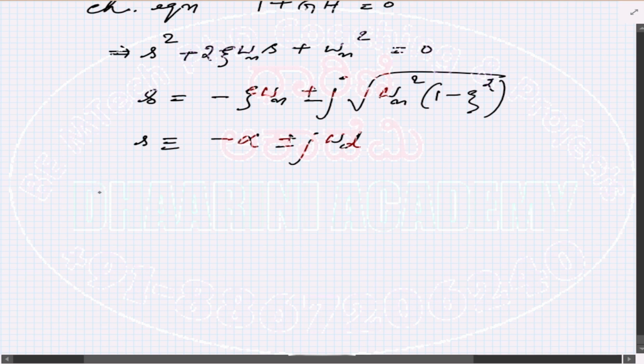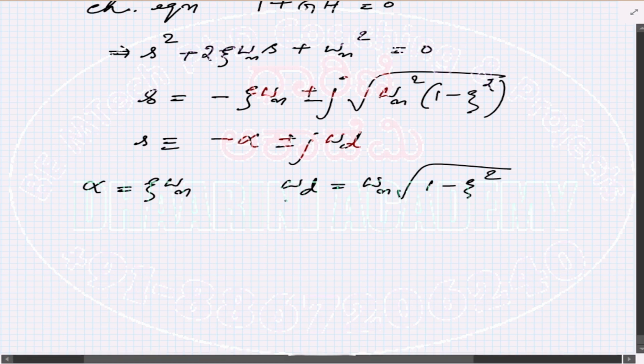So here alpha is equal to zeta times omega n, and omega d is equal to omega n into root of 1 minus zeta square, correct? So we define one term here itself. Depending upon the zeta value and omega n value, I can generate another term, that is omega d. It is called the damped natural frequency.